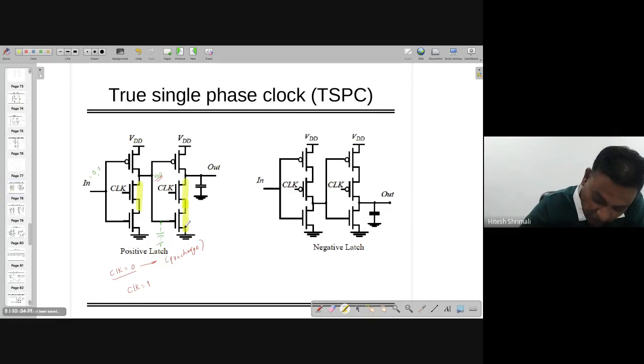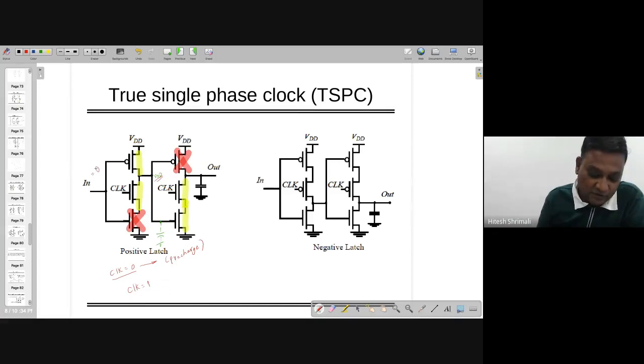this transistor make on and this transistor is on over here, and these two transistors are off if in equal to 0. Right? So in that case, out equal to 0.